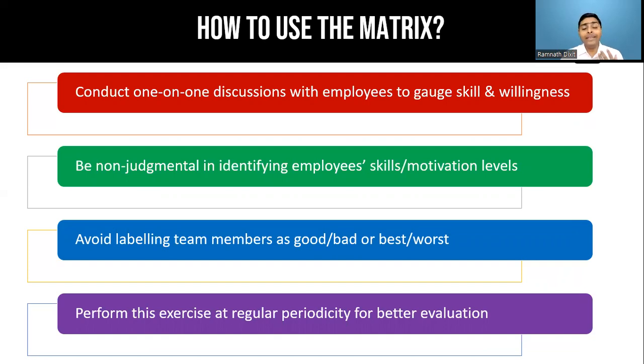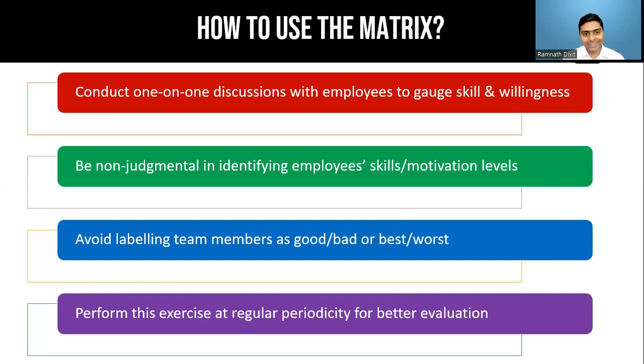And therefore, having an open one-to-one discussion with team members is important, so that you also get to know what should be the right kind of approach that you need to adopt. You need to direct, you need to excite, you need to guide, you need to delegate. You will get to know more about that. Also, in order to gauge the will and skill, you have to observe people as they're performing a task. So one-on-one discussions can be complemented with observation as well.